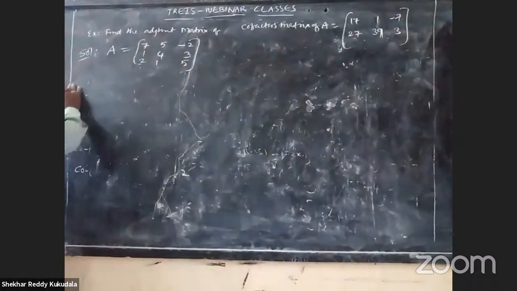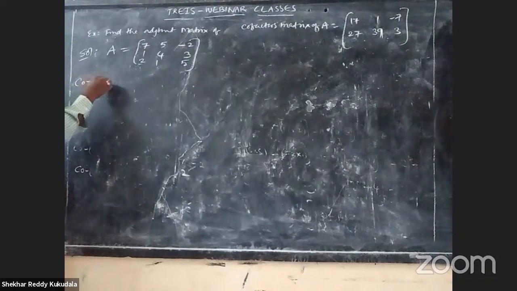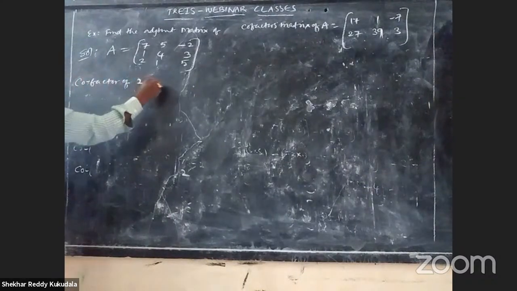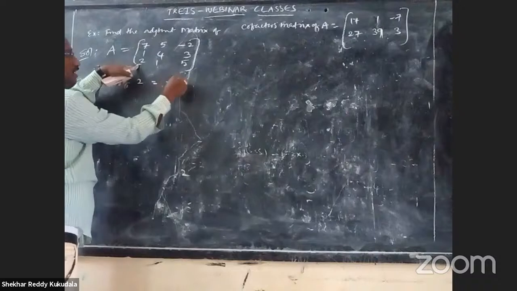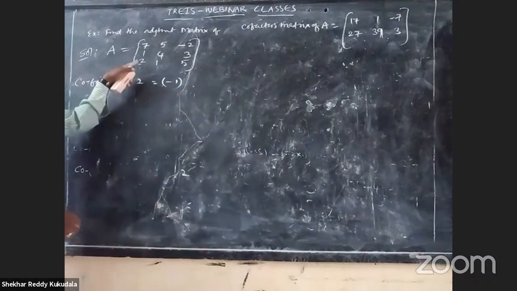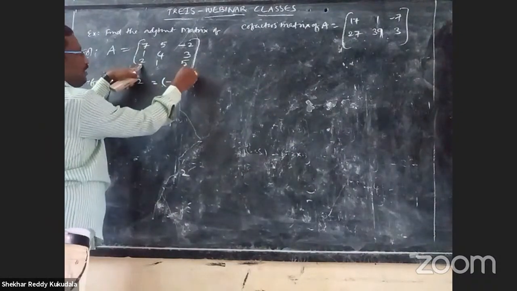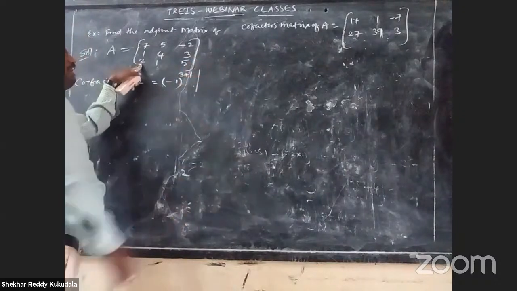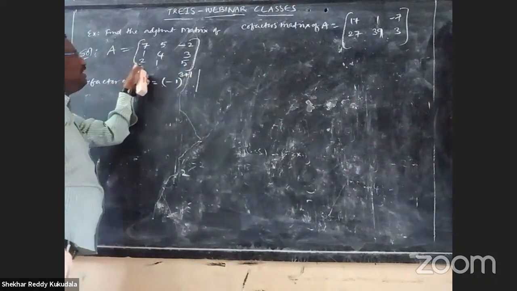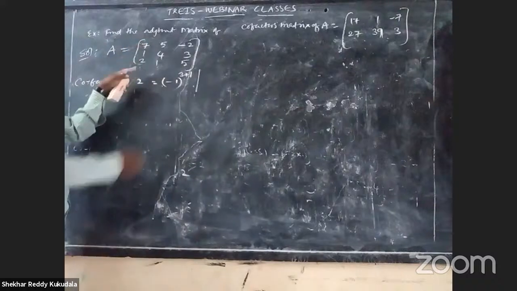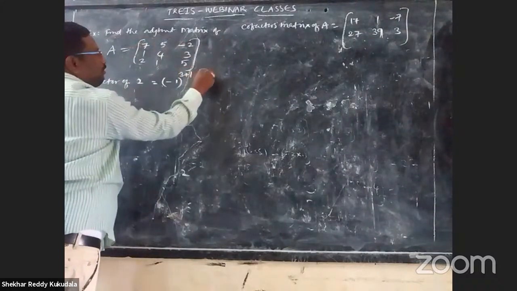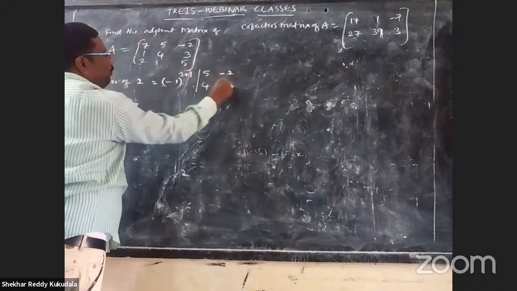Now cofactor of 2 is equal to minus 1 power i plus j. This is in the third row, first column, into the determinant of the 2 by 2 matrix after ignoring this row and this column: 5 minus 2, 4, 3.